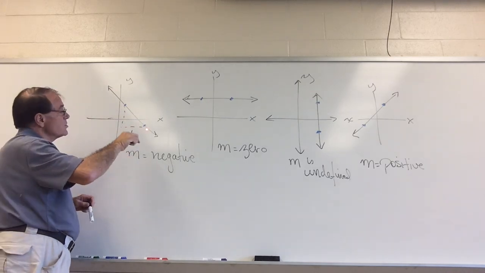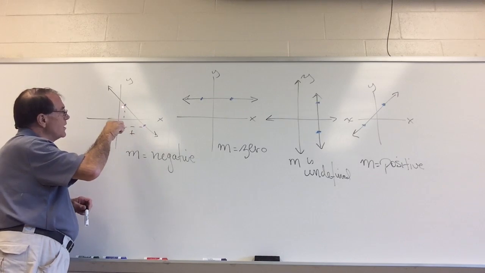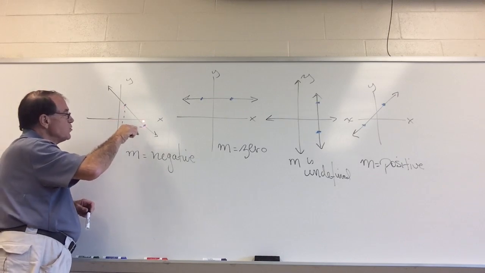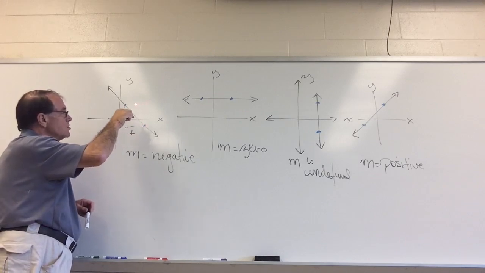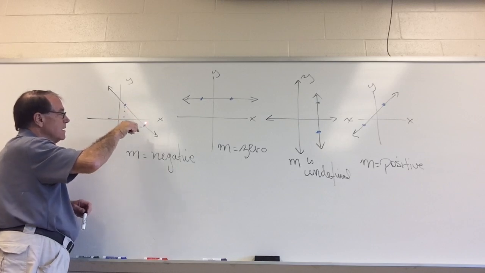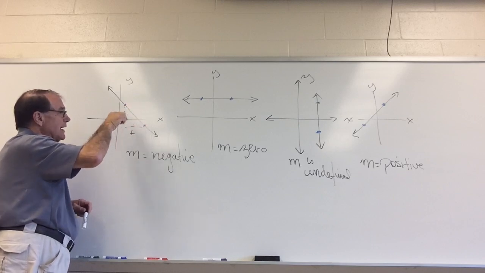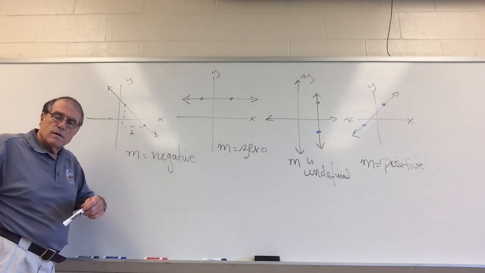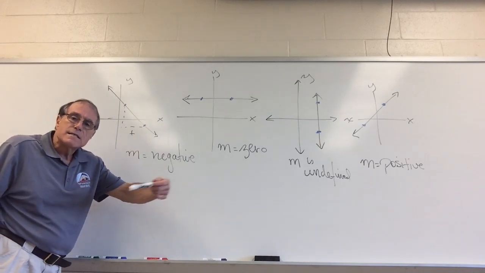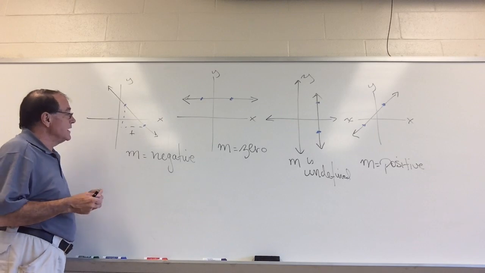Suppose you started at this point and you want to go to that point. Change in y is positive, change in x is negative. Positive divided by negative is negative. Slope is negative.